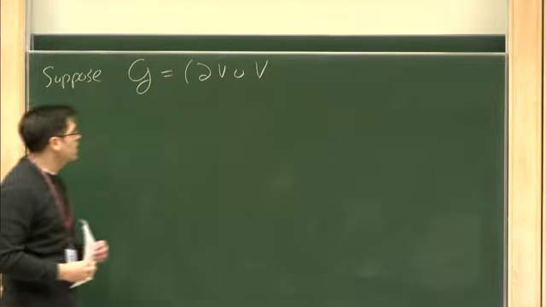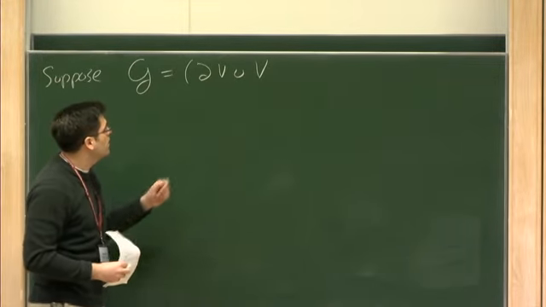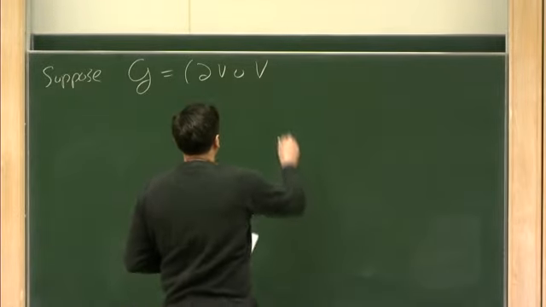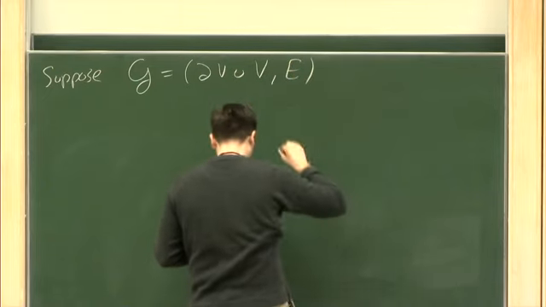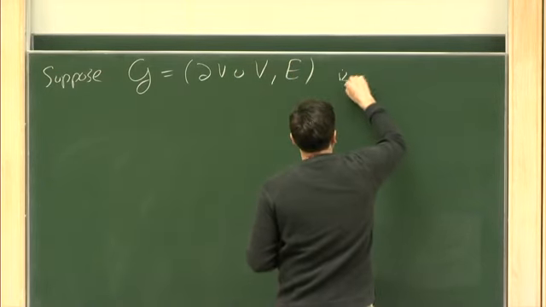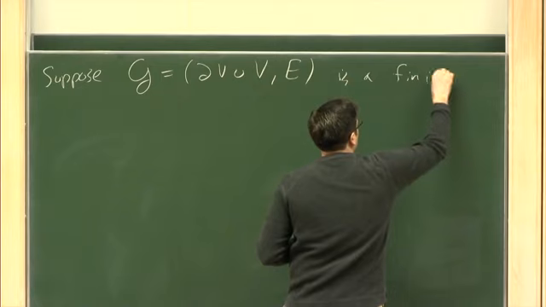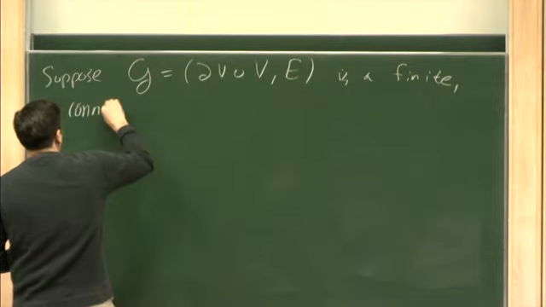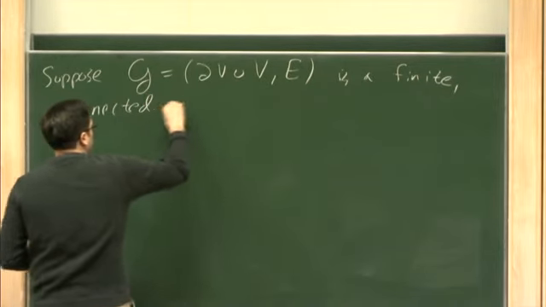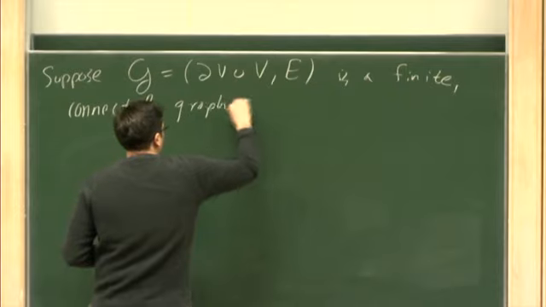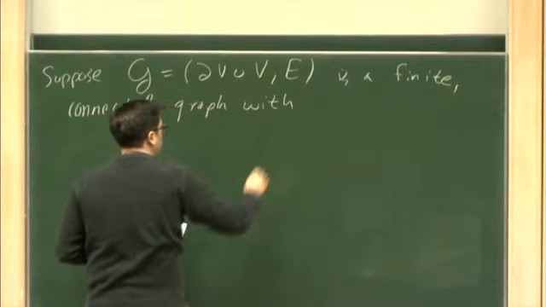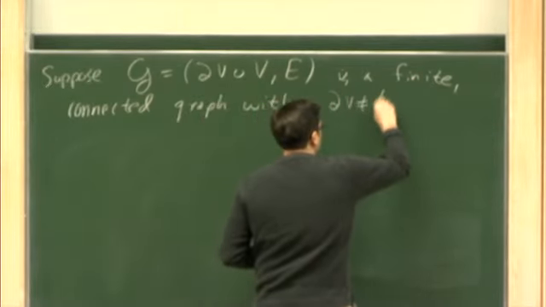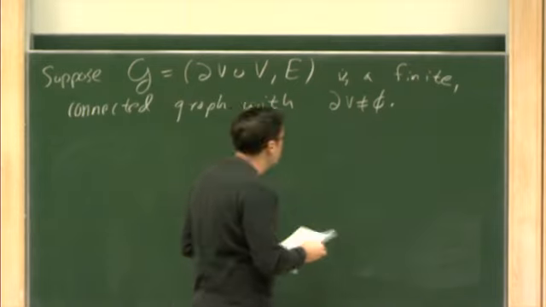There's going to be the interior vertices, which are always V, and the boundary vertices I'll indicate with the symbol partial V. This is always going to be a finite graph, and it's going to be connected. And I'm also always going to assume that the boundary set of vertices is non-empty.